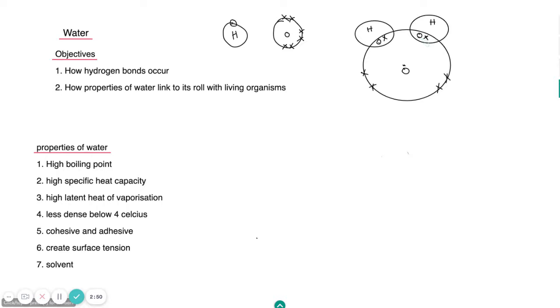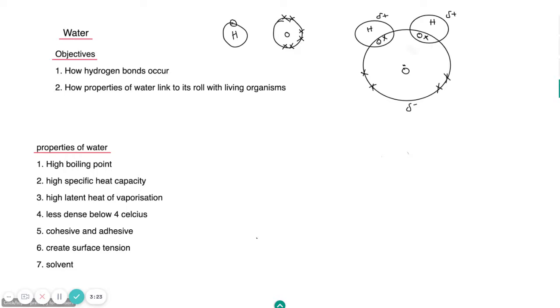So if the oxygen is pulling these slightly negatively charged electrons towards itself and away from the hydrogens, then that's going to cause a slight change in charge for the hydrogens. So the hydrogens are going to become slightly positive, and the oxygen is going to become slightly negative.